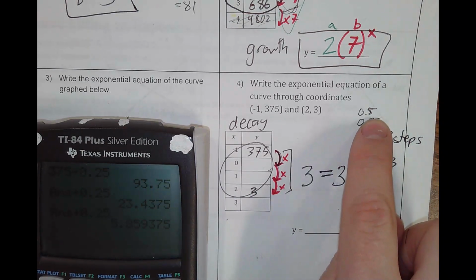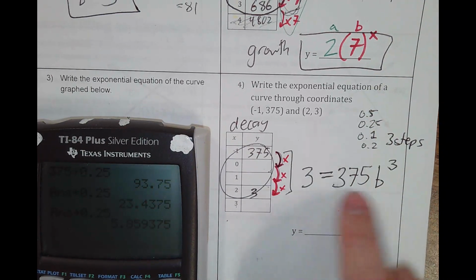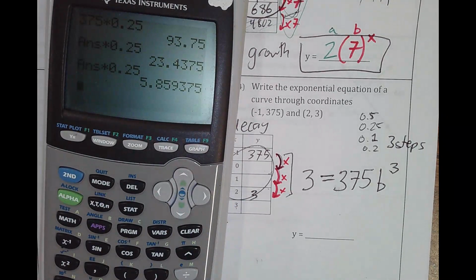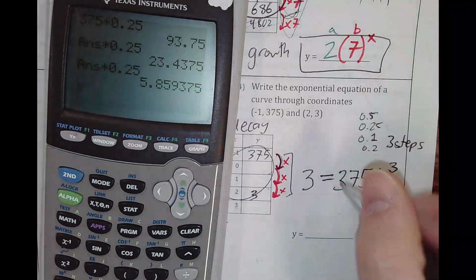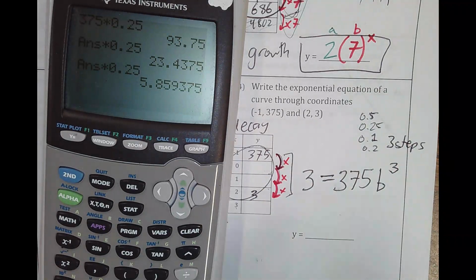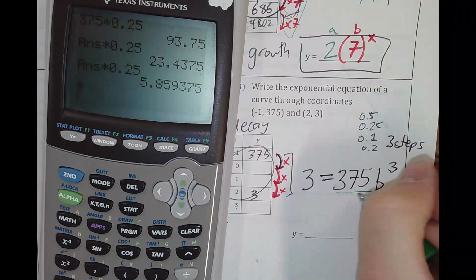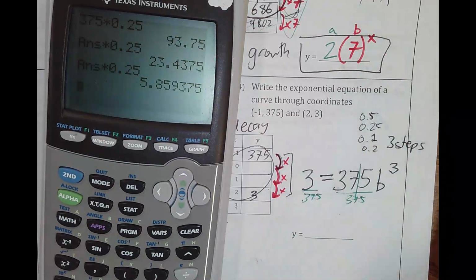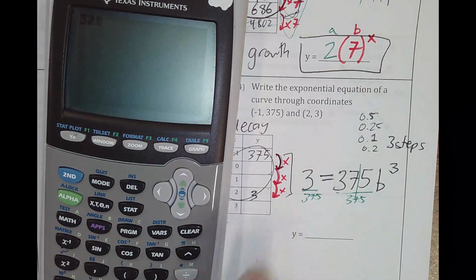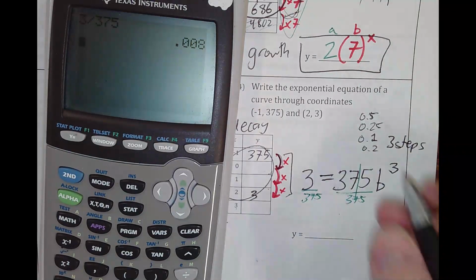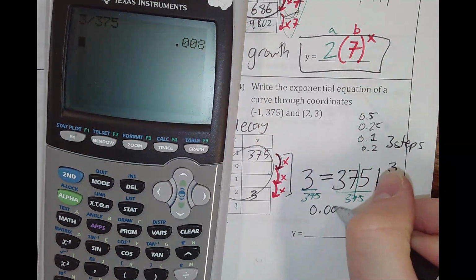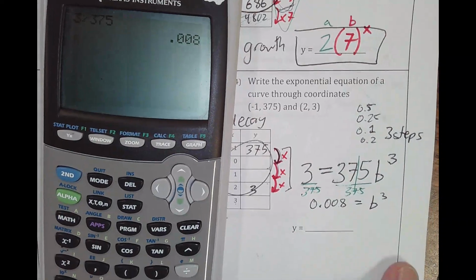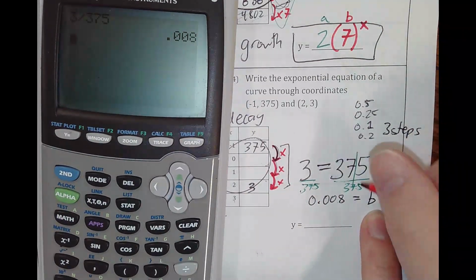It wasn't 0.5, it wasn't 0.25. We can try to solve this. It's going to be a little tough, a little weird, but we're going to solve it right now. So divide both sides by 375. That gives us, let's see, 3 divided by 375 gives us 0.008. Now we need to get rid of the third power. What's the opposite of the third power?